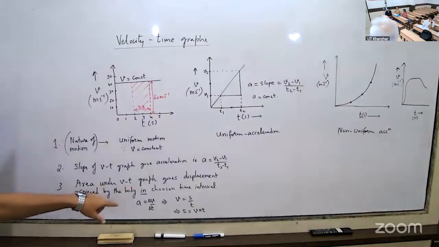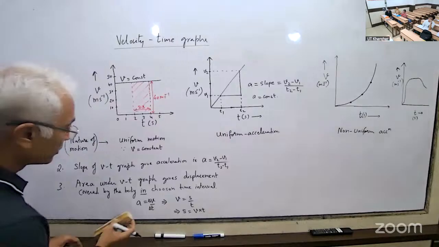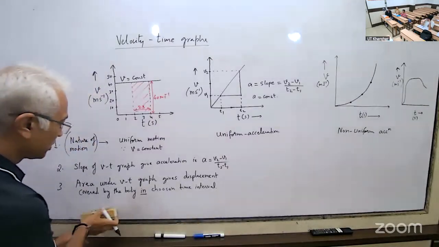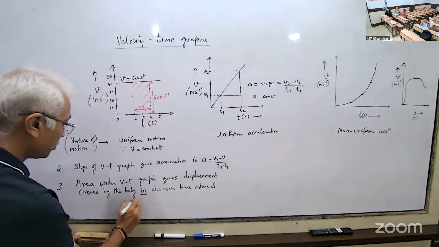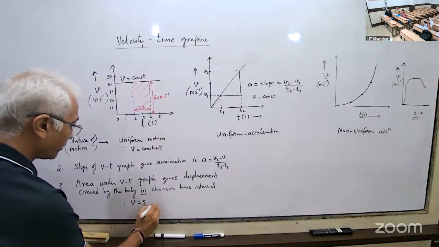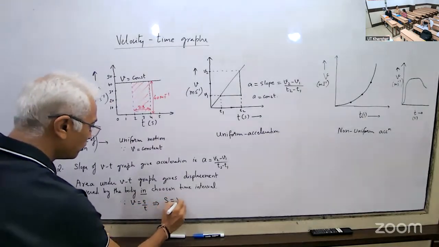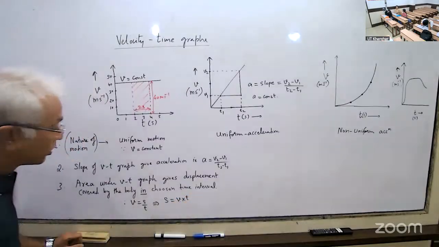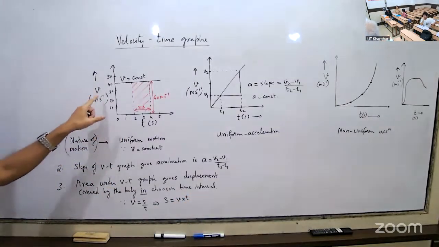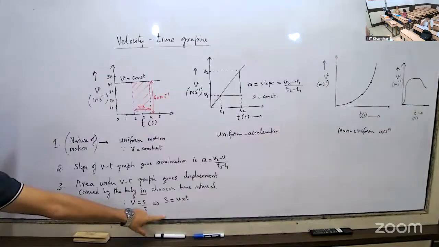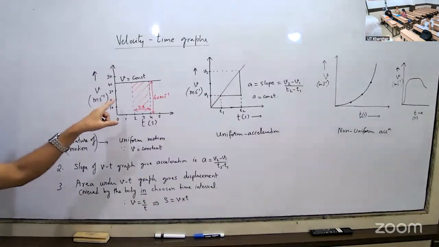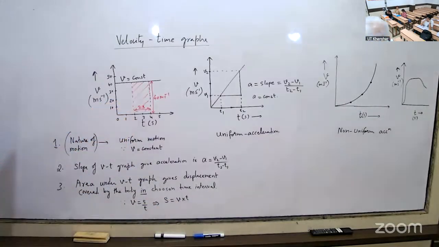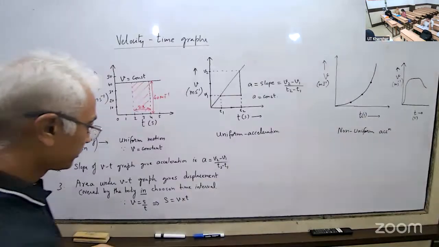Keep a watch on that. So what do we get? Since V is equal to S upon T, this means S is equal to the product V into T. So in the VT graph, the product V into T gives displacement. And how do we get the product? By area.